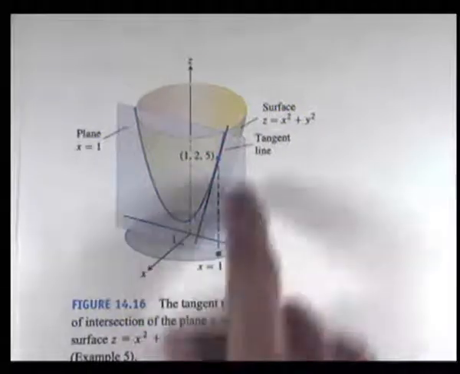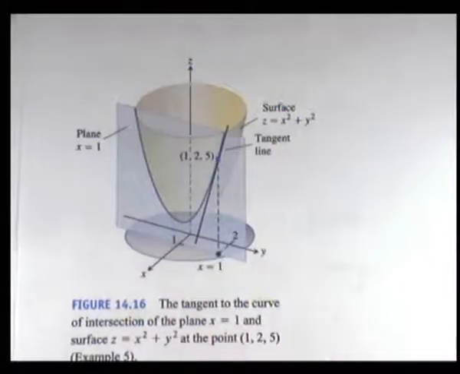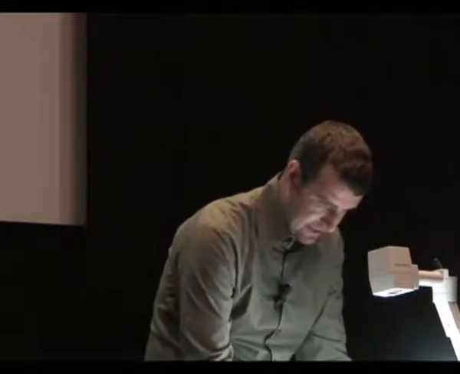Now that was a particularly good example I found because it forces you to not only do the partial derivative computation, but it forces you to think geometrically about what's really required here. Okay, we can also talk about second-order derivatives.